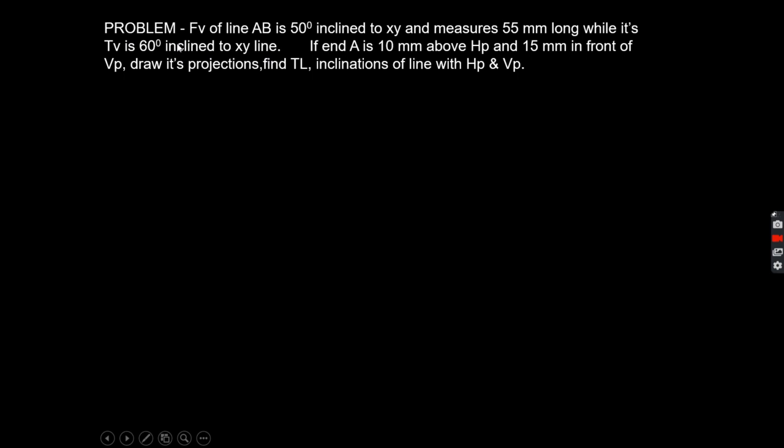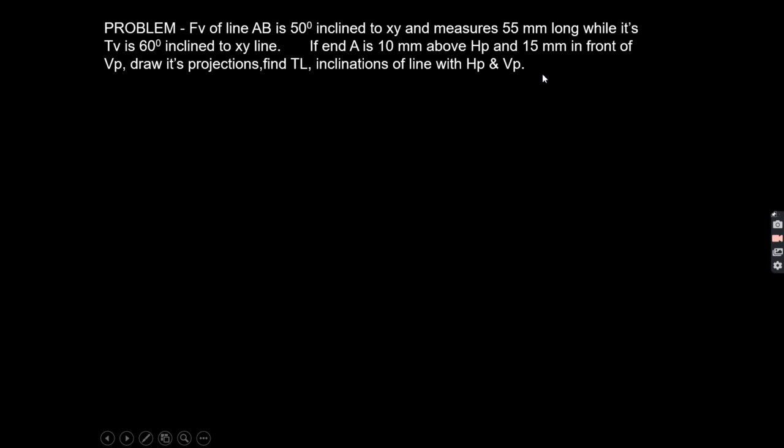So this is the top view of a line AB that is making the 60-degree angle. Okay. If end A is 10 mm over the HP and 15 mm in front of VP. So again your point A is in the first quadrant. Draw its projection, find the true length, inclination of a line with HP and VP.